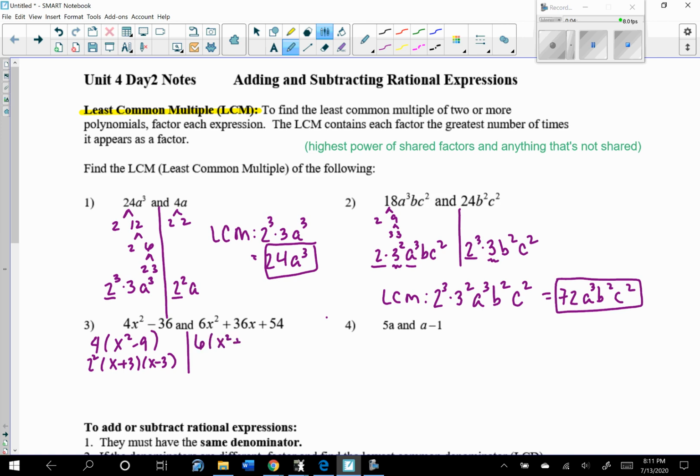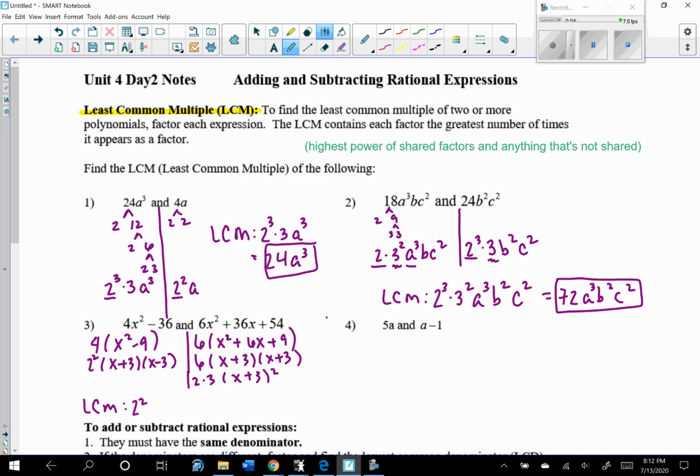X squared plus 6x plus 9 is what we have when we take out that greatest common factor. And then we want factors of 9 that add up to 6, which would be x plus 3 times x plus 3. And of course 6 breaks down into 2 times 3, and we can write this as x plus 3 quantity squared.